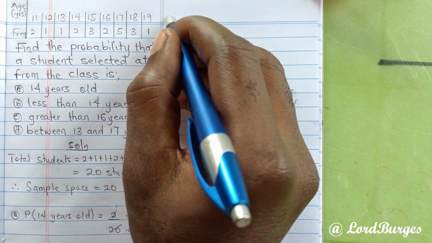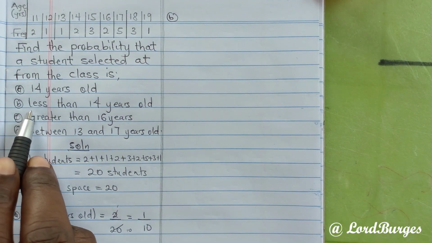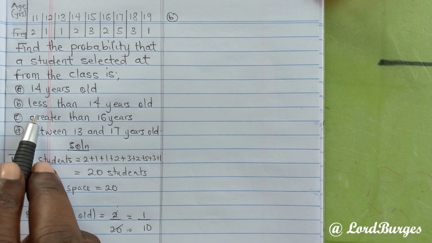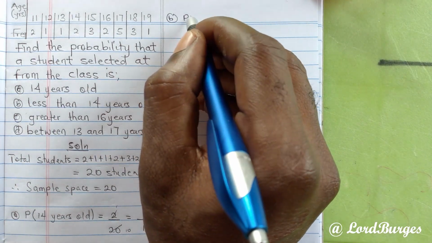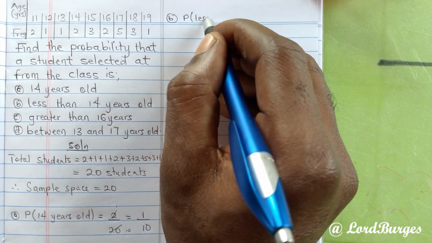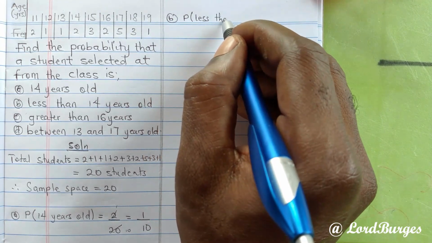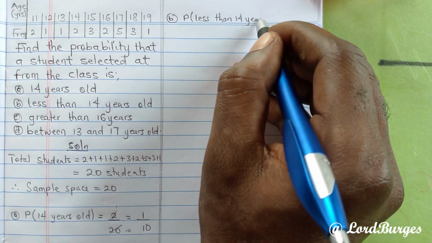Then B, that is probability of students who are less than 14 years. Less than 14 years.